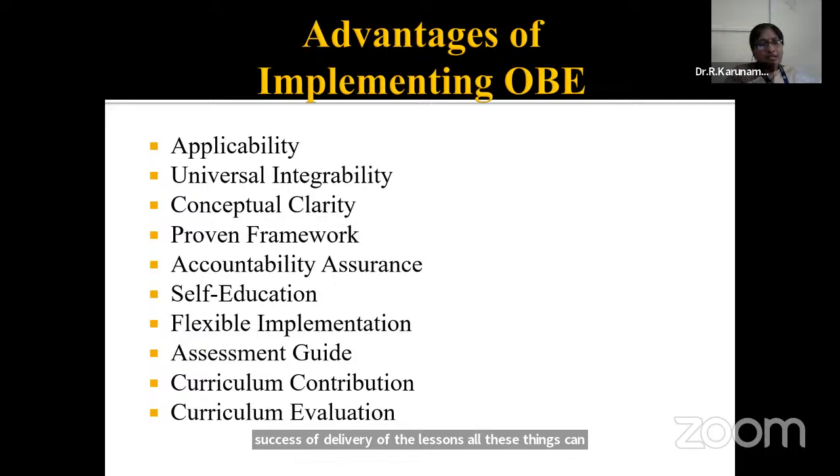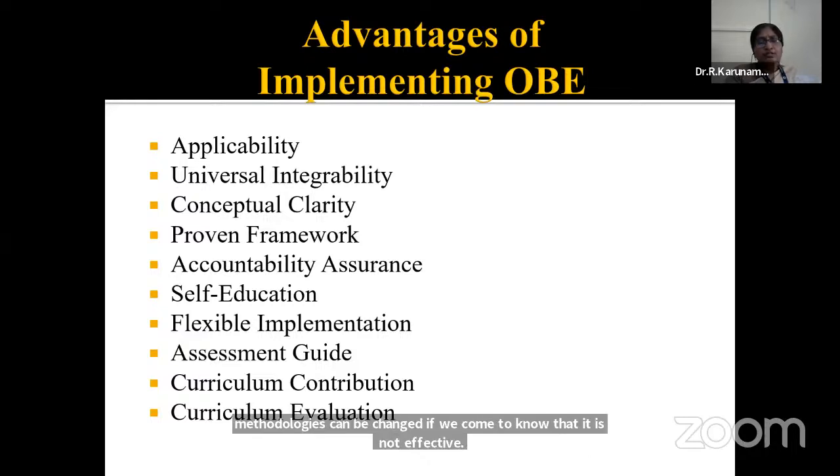It helps to understand how far the curriculum reaches the students, and the methodologies can be changed if we come to know that they are not effective. So it makes the individual student's learning easy and effective.